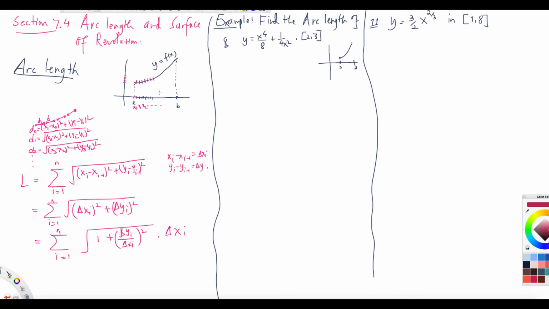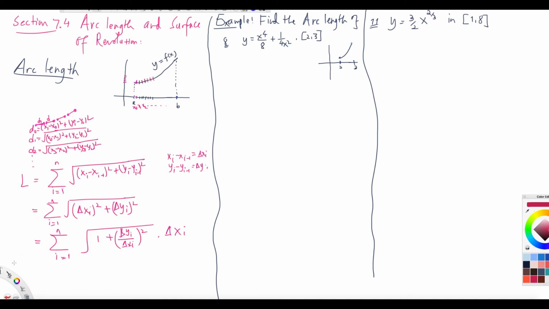If the biggest tends to 0, then the smallest also tends to 0, right? All of them tend to 0. So if you take these pieces very, very small, that summation will become the integral, delta x_i will become dx, and delta y_i over delta x_i will become the derivative.